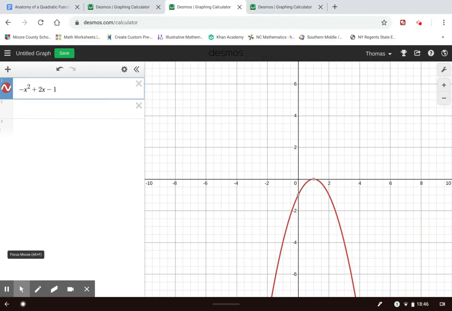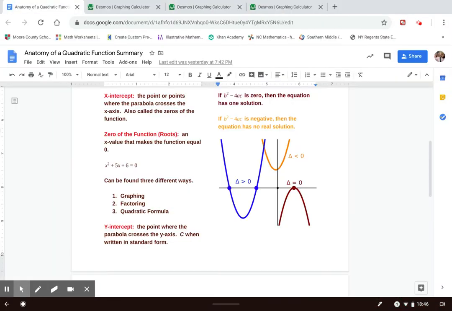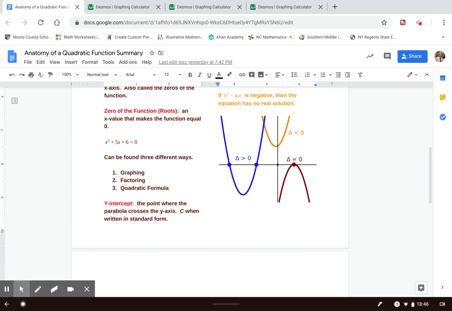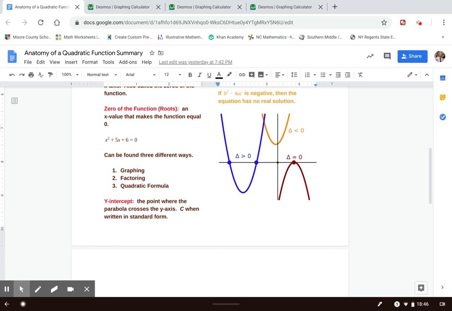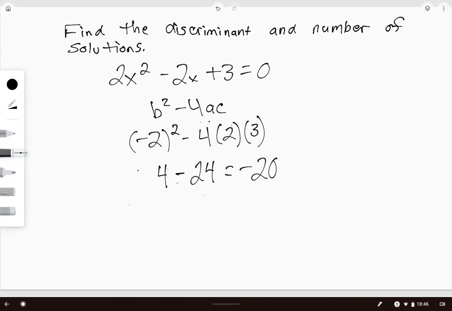So now, if I go back to my sheet here, if b squared minus 4ac is negative, then the equation has no real solution. So if I go back over here, I have a negative 20, so that is no real solution.